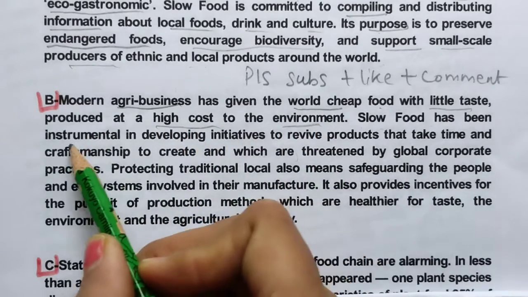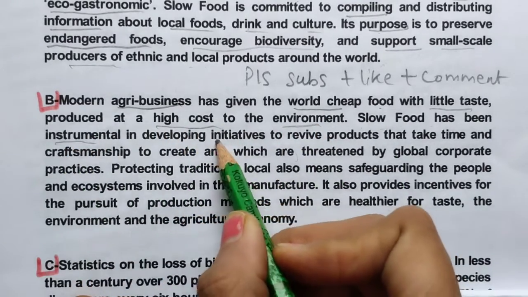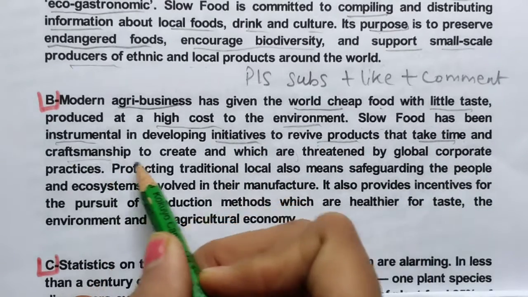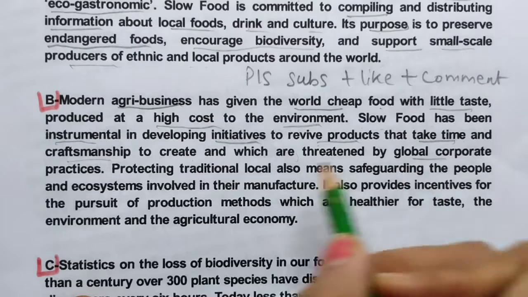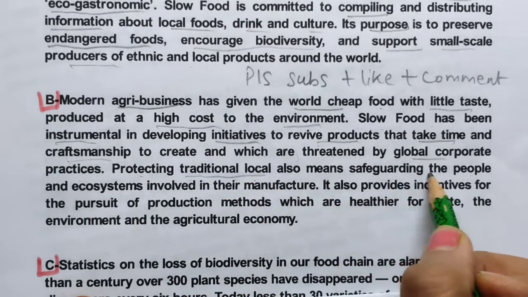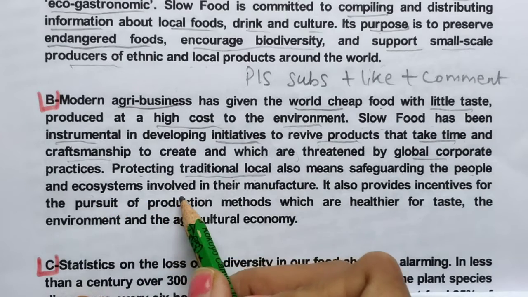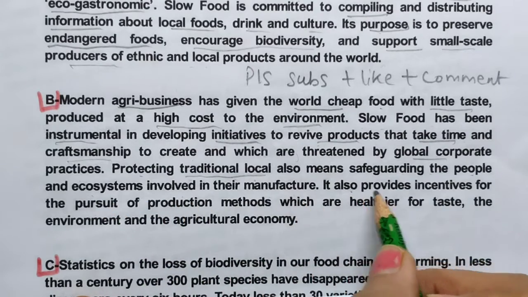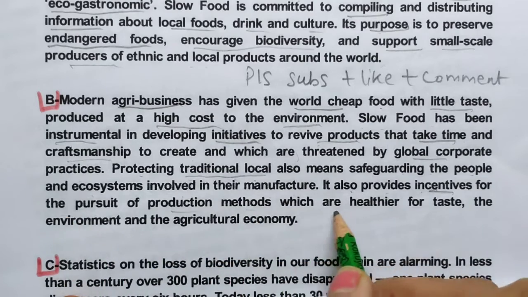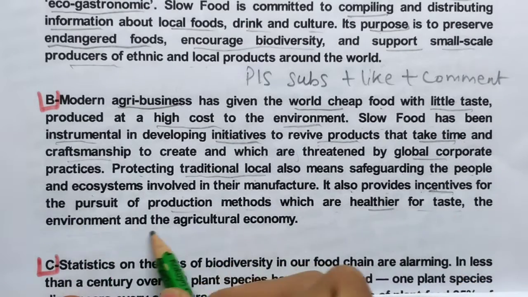Slow Food has been instrumental in developing initiatives to revive products that take time and craftsmanship to create, which are threatened by global corporate practice. Protecting traditional local products also means safeguarding the people and ecosystems involved in their manufacture. It also provides incentives for production methods which are healthier for taste and the environment.